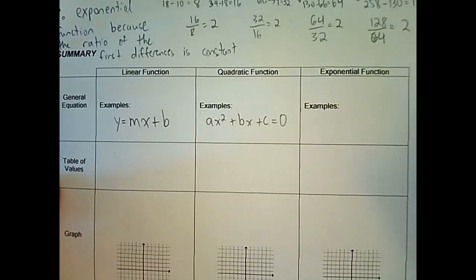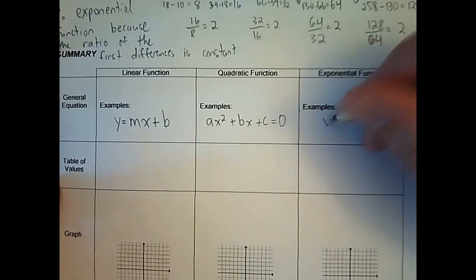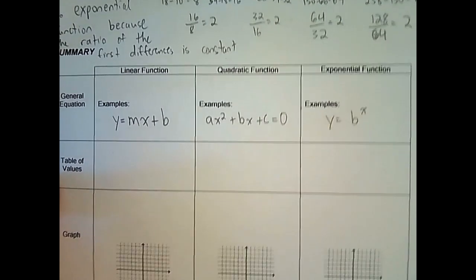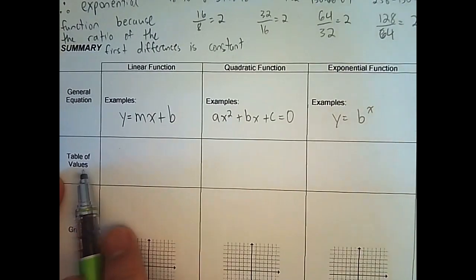And for an exponential function, we learned y is equal to b to the power of x. When we're trying to figure out a table of values for a linear function, we look for the first differences. First differences are constant.